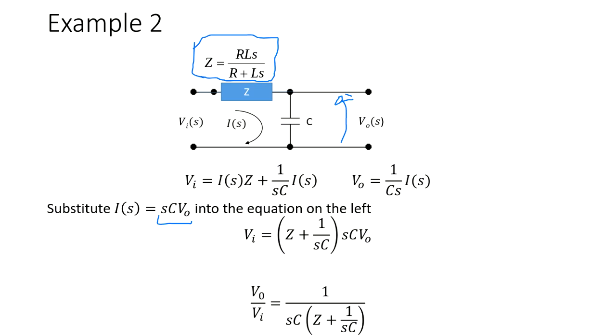Remember, we are looking for the transfer function, and the transfer function is going to be V out over V in. If you look at this equation, we don't have V out anywhere, but we have I(s) here and here. So we substitute for I(s) so that V out comes into this equation. Once we do that, we have something like this, and this becomes our transfer function. Is it okay?